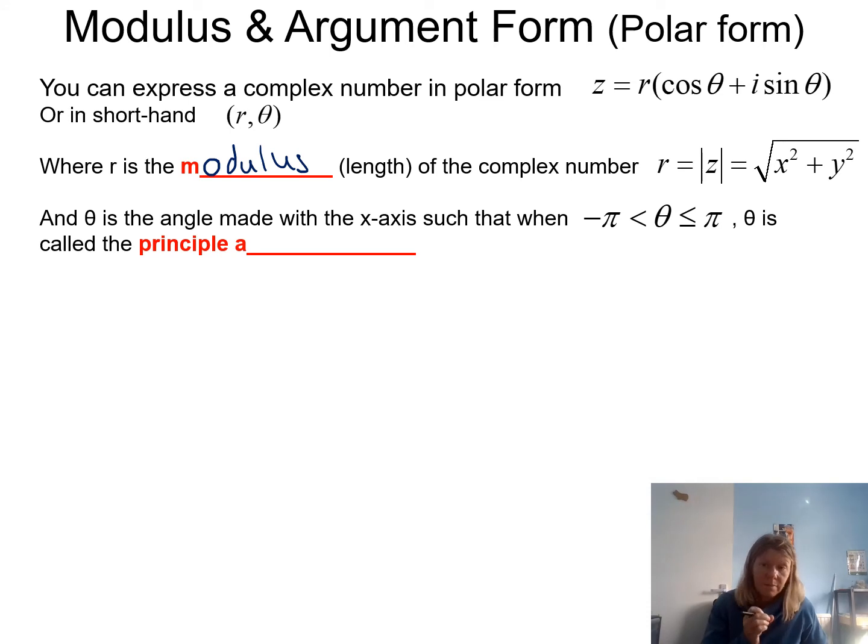Got the inequality. And theta is called the principal argument as long as you give it in that range. That's the one they usually ask for.